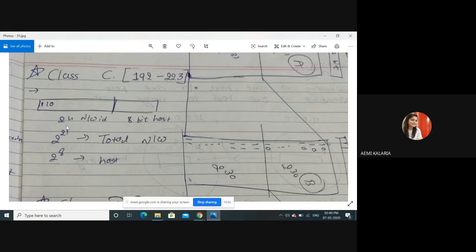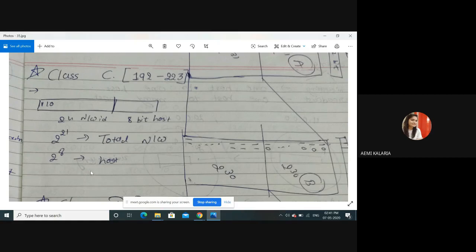I'm dividing my network address into four small parts, right? So in those 4 parts, the first 3 parts are for network ID. Means 2 raised to 24 network IDs are possible whenever I'm dealing with class C. And only 8 bits means 2 raised to 8 possible hosts are there whenever I'm dealing with class C.